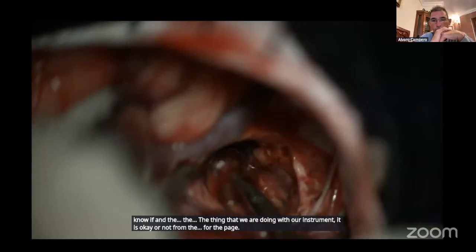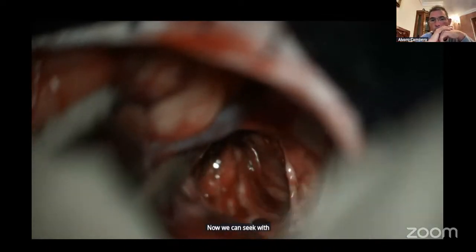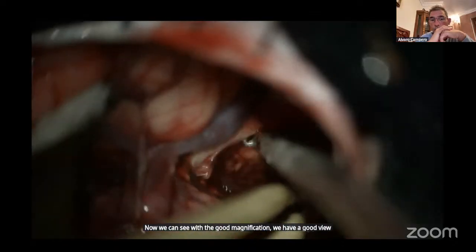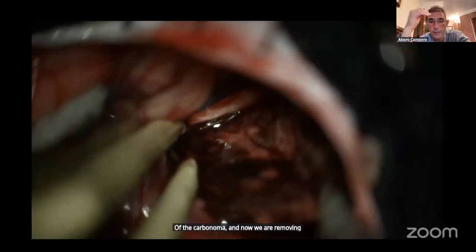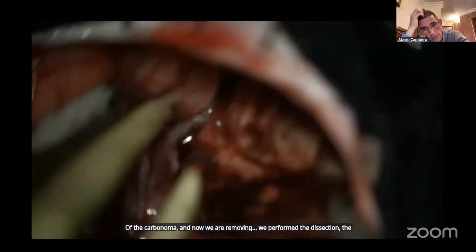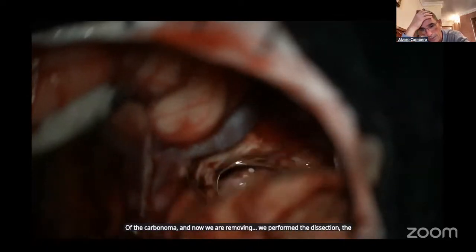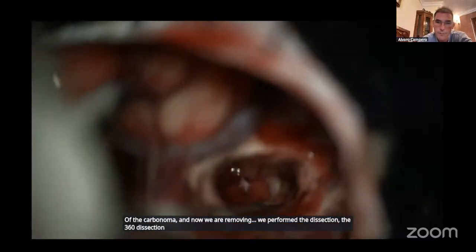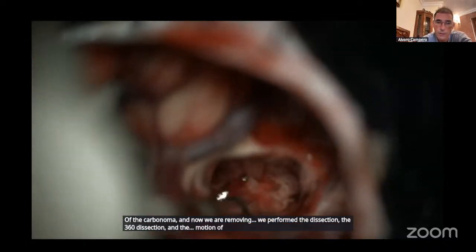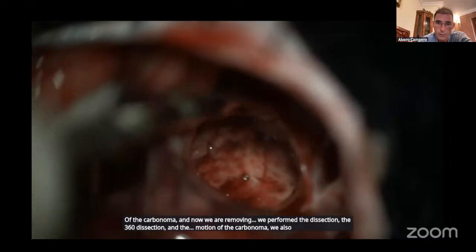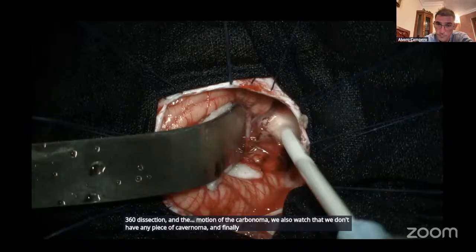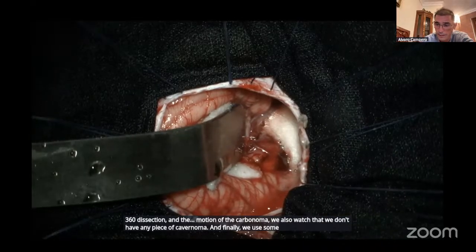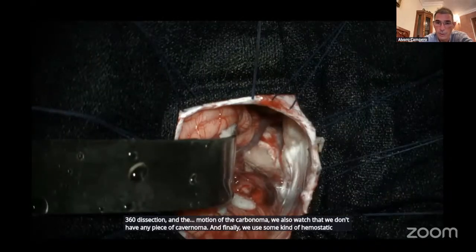Now we can see with good magnification, we have a good view of the cavernoma, and now we perform the 360 dissection and the removal of the cavernoma. We also check that we don't have any piece of cavernoma left, and finally we use some hemostatic in order to avoid bleeding.